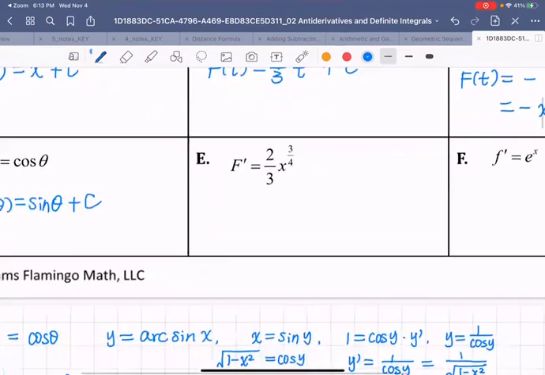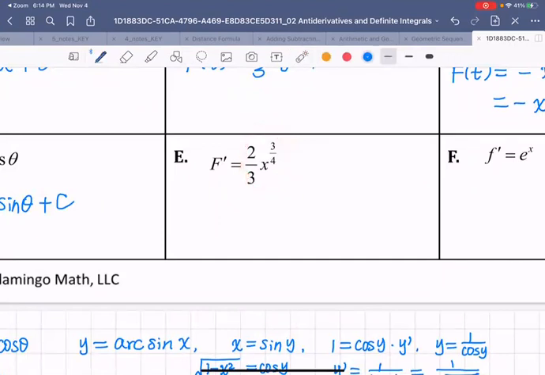Now let's do E. Use the trick I showed you just now. Capital F is how much? Let's leave the 2 over 3 outside, and then let's do the power rule. I asked you to add 1 on the top, right? And you tell me this is how much? 7 over 4.